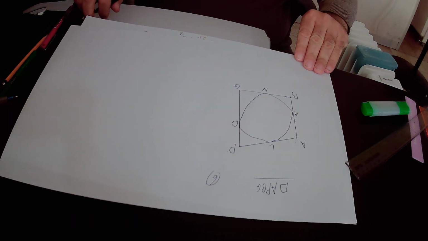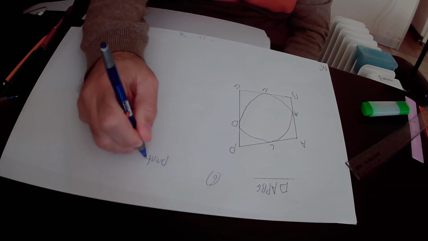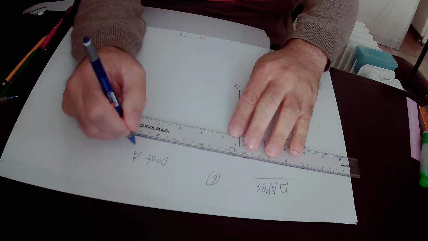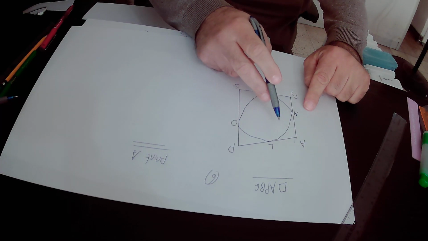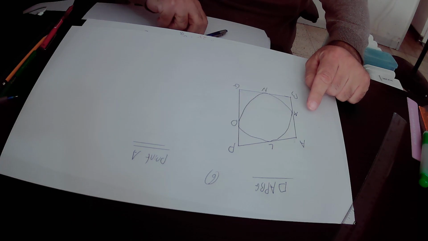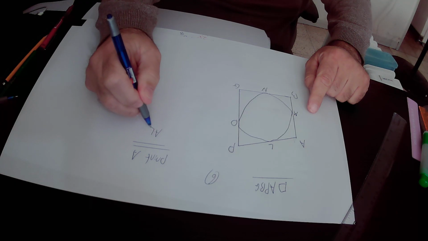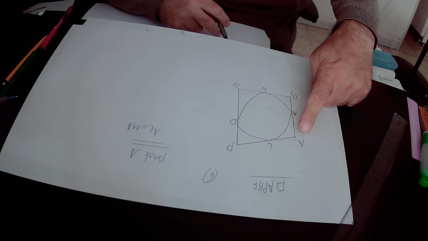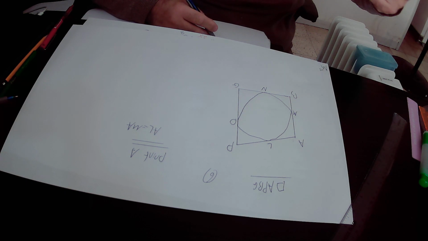If we relate to point A, from point A we have two tangents to this circle, tangent AL and tangent AM. And according to rule number 2, tangent AL equals tangent MA. Because the two tangents exist from the common external point A, they must be equal to each other.